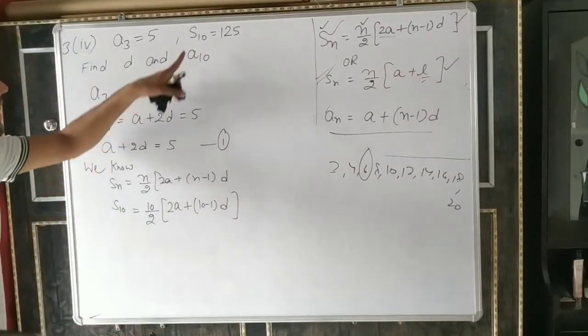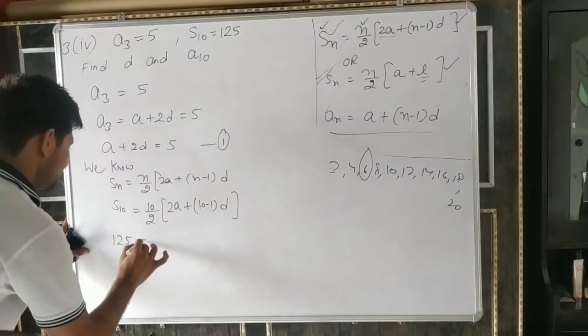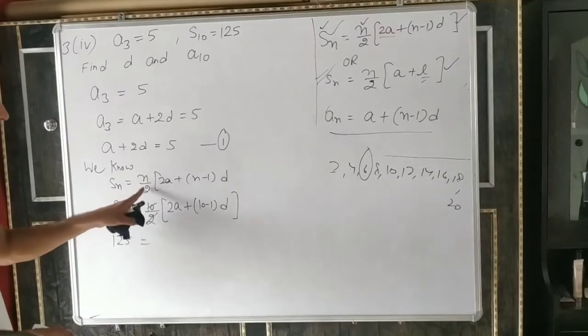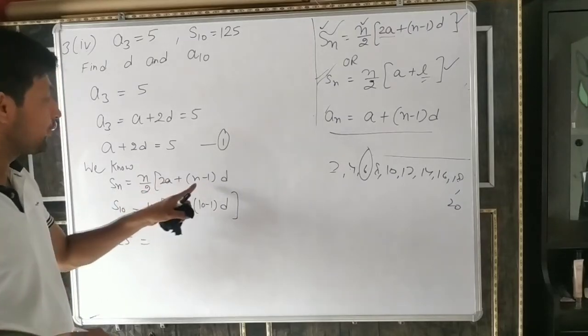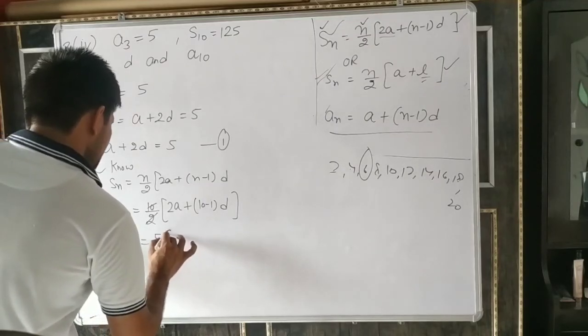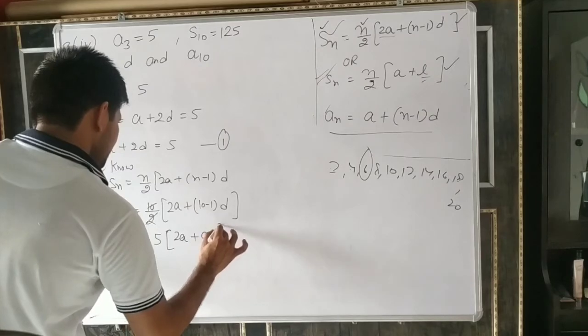Because we know the S10 value, it is 125. So everywhere in place of n we put 10. It is 5, 2a plus 9d.